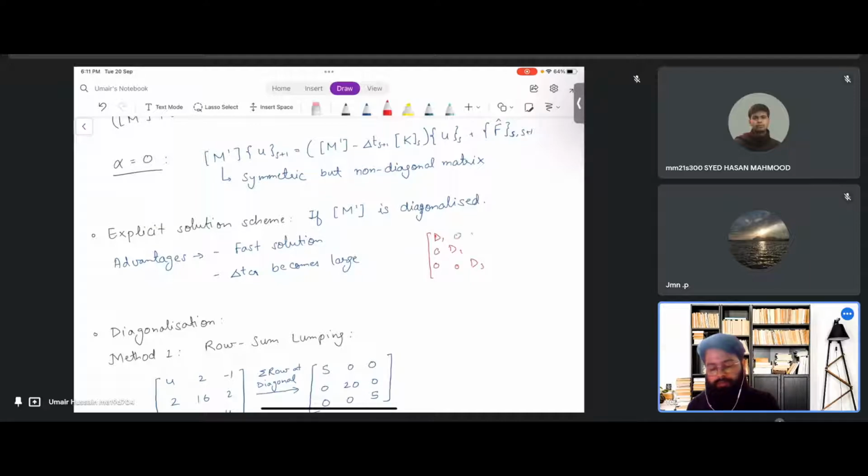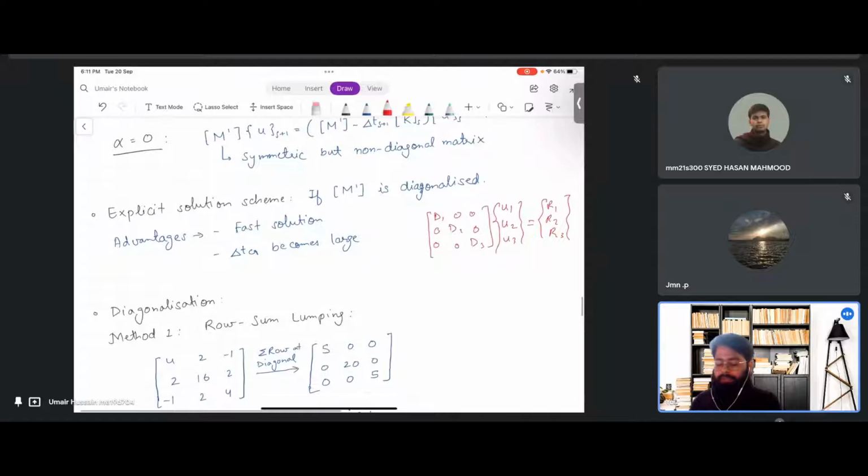Then you can explicitly get a solution, whatever the right hand side terms are. This is very direct, so this scheme is known as the explicit solution scheme. It is of course very fast, and it so happens that the delta t critical also becomes large for this case.